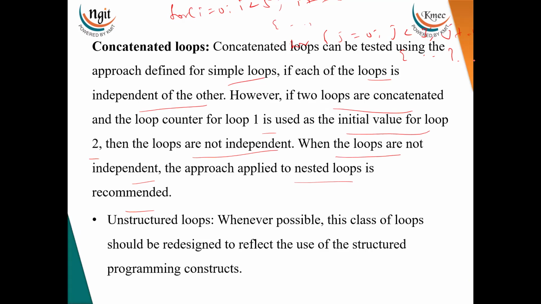One is an independent loop, the next is a dependent loop. An independent loop is tested like simple loops. For a dependent loop, as I mentioned earlier, i equal to 0, i less than 5, i plus plus, and another for loop with j equal to 0, j less than 3, j plus plus, where j starts from i, so treat it like nested loops. Basically, use the nested loop strategy if the values are dependent on each other. That is what concatenated loops say.